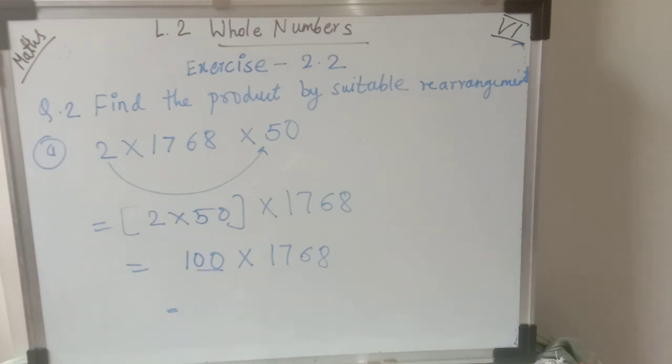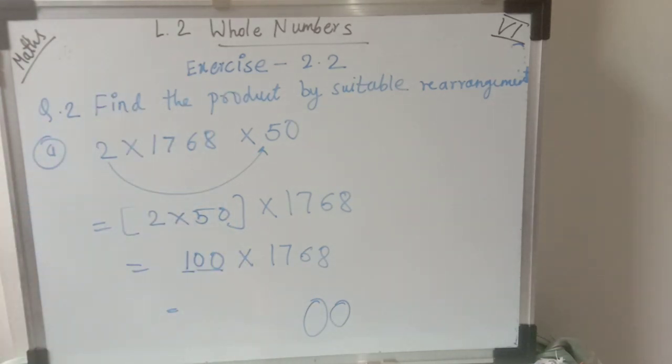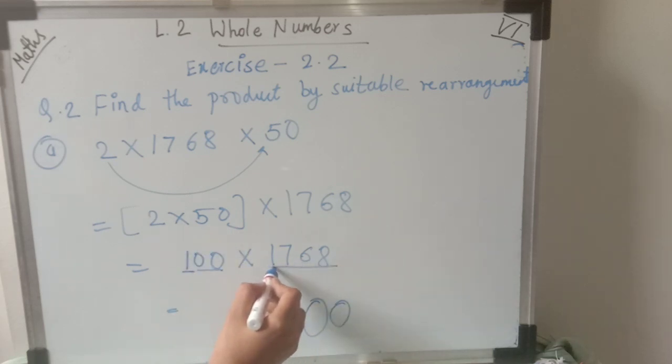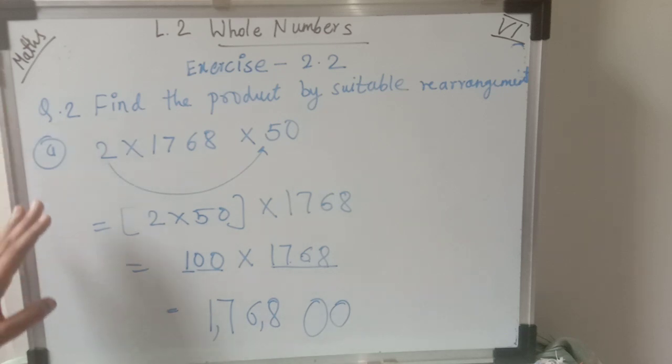So here 2 zeros are there, and we get 00 here as it is. And here 1 is also there. In the last session we have learned that 1 is the multiplicative identity of whole numbers. It means that when you multiply any number with 1, we get the same number. So if I multiply 1768 with 1, I will get 1768, and here our answer is 1,76,800.